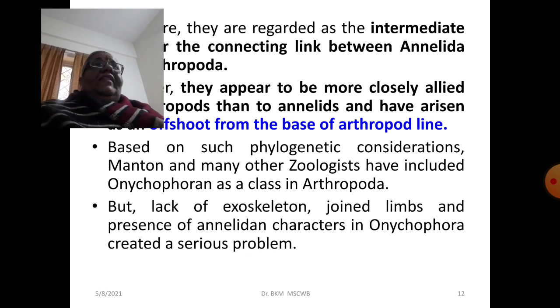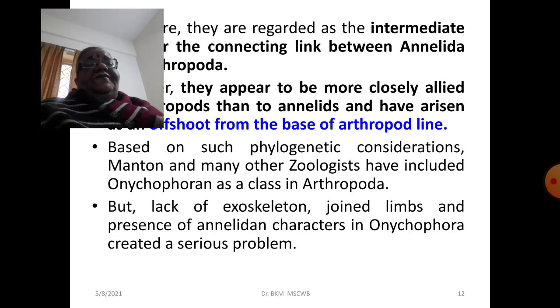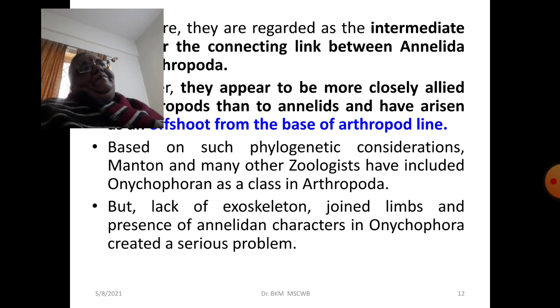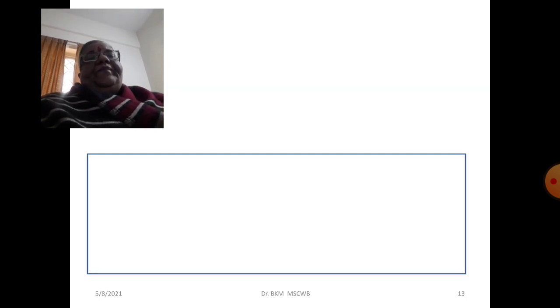But lack of exoskeleton, absence of jointed limbs, then presence of annelidan characters creates a serious problem to assign this particular genus to the phylum Arthropoda.